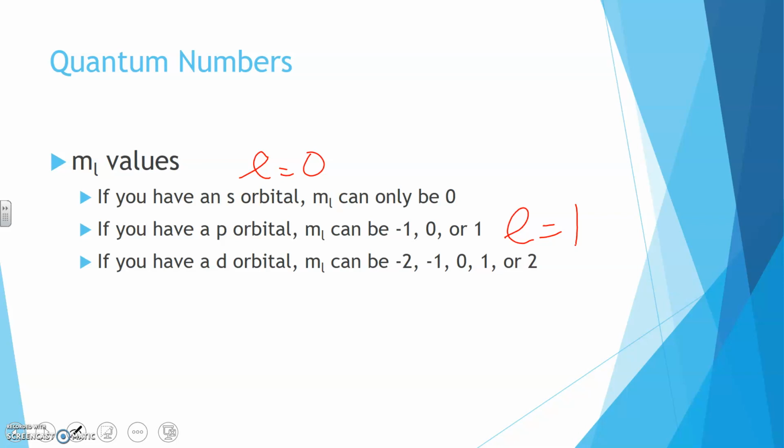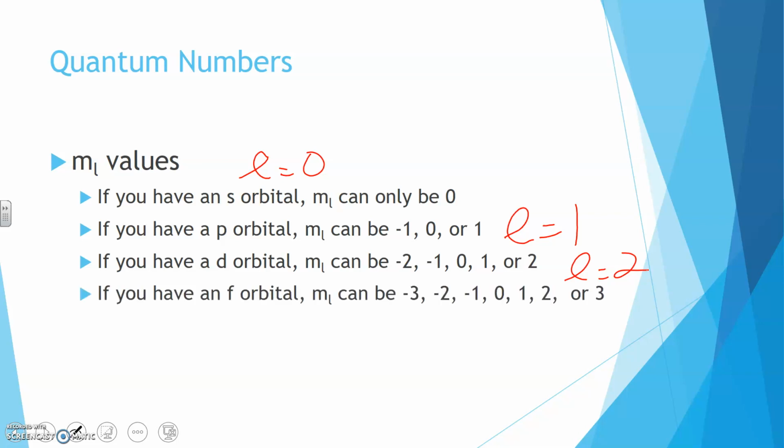Moving up, if you have a d orbital, so you have an L of 2, can be negative 2, negative 1, 0, 1, or 2. And finally, if you have an f orbital, or an L value of 3, you have 7 different possible orientations. So negative 3, negative 2, negative 1, 0, 1, 2, or 3.